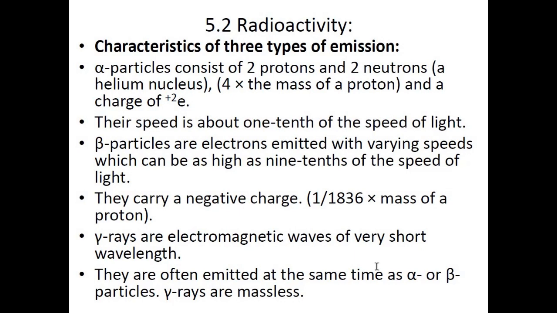They carry a negative charge and their mass is the same as a single electron, which is 1/1836 times the mass of a proton. Gamma rays are electromagnetic waves of very short wavelength. They are often emitted at the same time as alpha or beta particles, and these rays are massless. They don't have any mass, although they do have good speed.